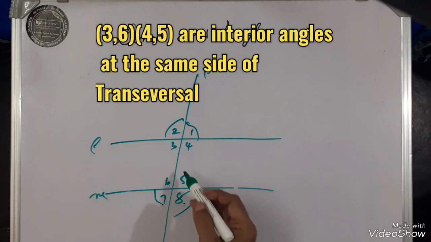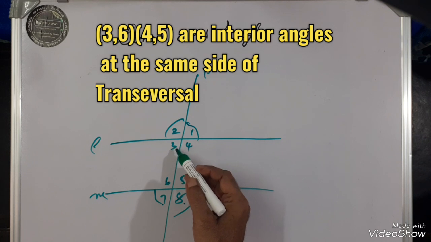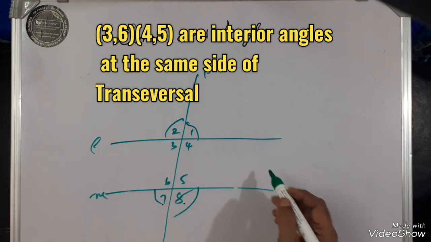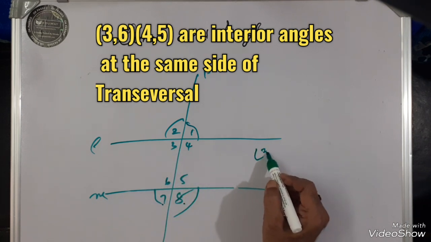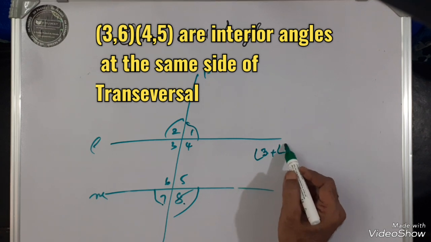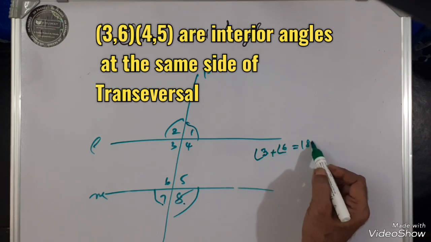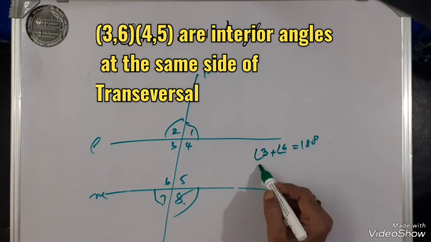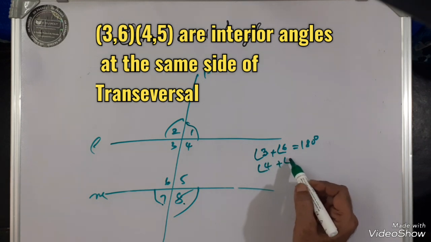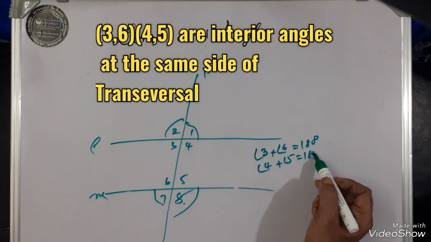Next, 3 and 6. Angle 3 plus 6 equals 180. 4 plus 5 is also 180.